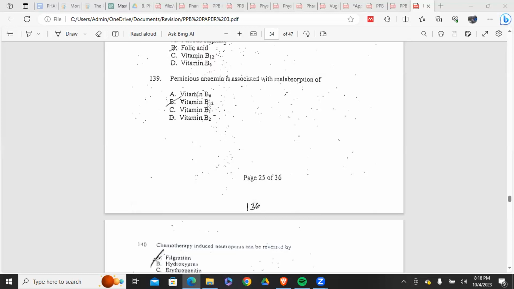It's not the same, but both are caused by a deficiency of vitamin B12. Okay. Is that what pernicious anemia is? Megaloblastic is just a deficiency of vitamin B12. Okay, thank you for that. Continue. Let's continue.